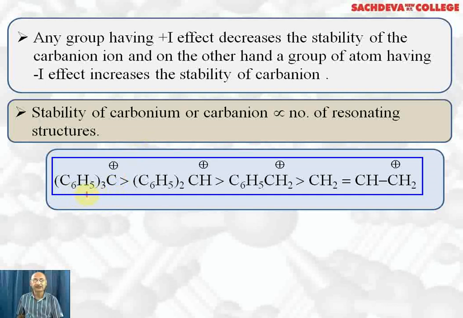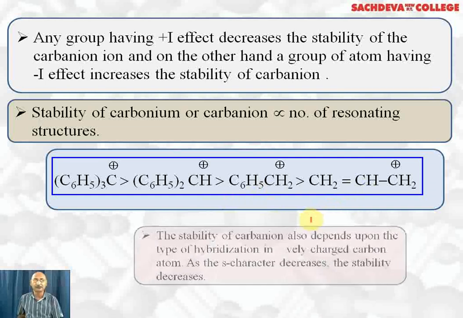There are 3 benzene rings and each benzene ring will have 3 resonating structures, total 9. Diphenyl methyl carbocation will have 6 resonating structures and benzyl carbocation will have 3. Allyl carbocation will have 2 resonating structures. So greater the number of resonating structures, more will be stability.